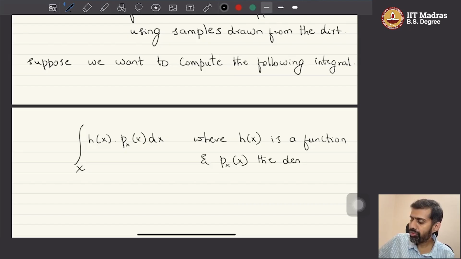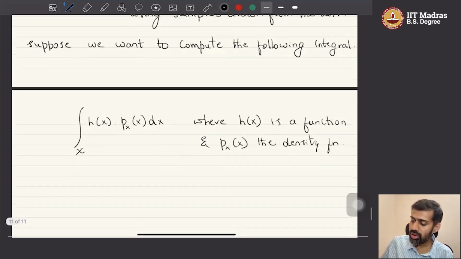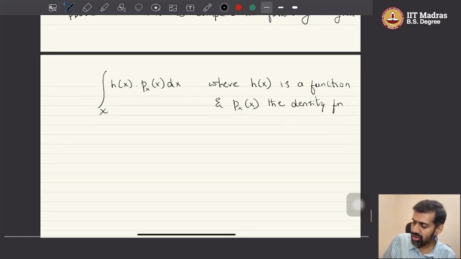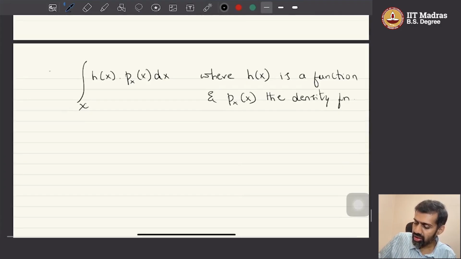Suppose we need to compute this integral. Let us call that integral some I. Okay, this is what we need to compute. What we have is samples drawn IID from p(x).